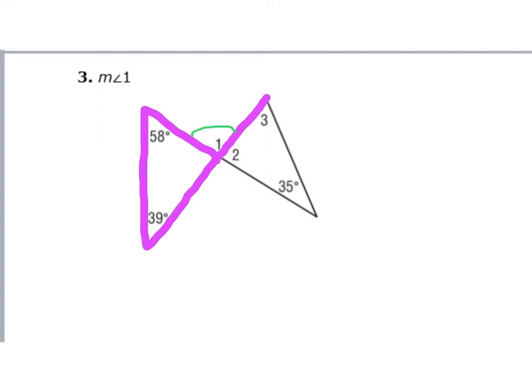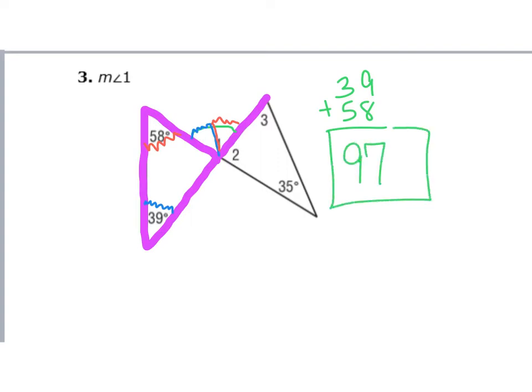Remember we did an activity where we tore this piece off and glued it in here, and then we tore this piece off and glued it in here, and we said, oh look, they fit exactly. All I need to do is add the 39 plus the 58. When I add 39 plus 58, I get 97 for that outside angle. And it's an angle, so it's degrees.